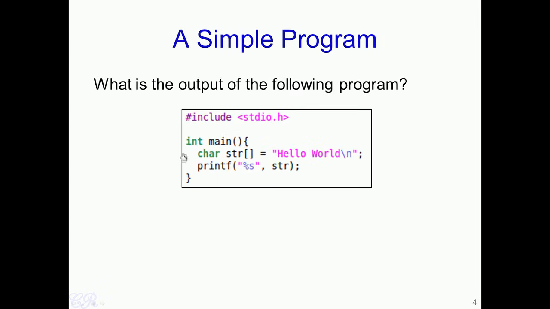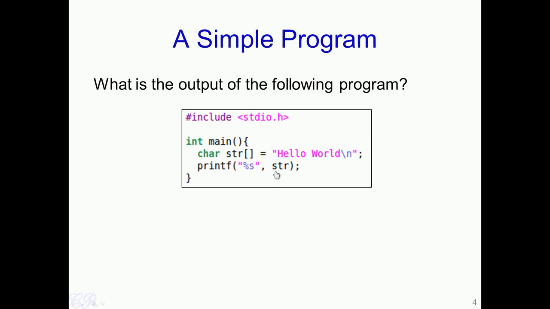Let us start with this very simple program. This is a program written in the C language, and essentially it is going to print the string hello world onto the monitor. The string hello world is stored in memory and is pointed to by this pointer str.